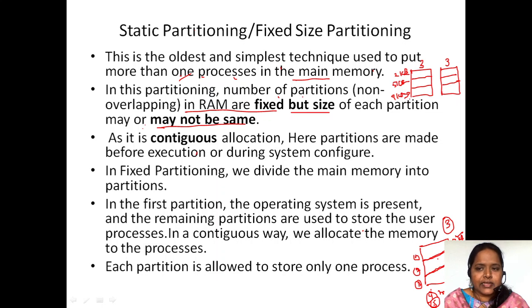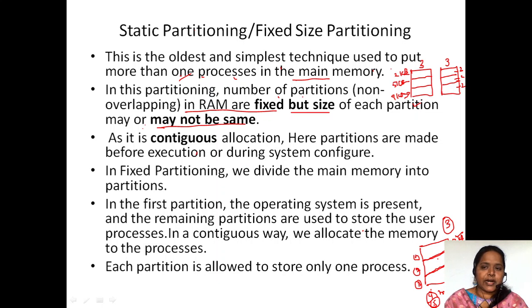It may be like this, or the size of each partition may be fixed at 2 KB, 2 KB, 2 KB. Either is possible. That is fixed partitioning. Partitions are fixed and the size of each partition may or may not be the same. That is very important in this concept.